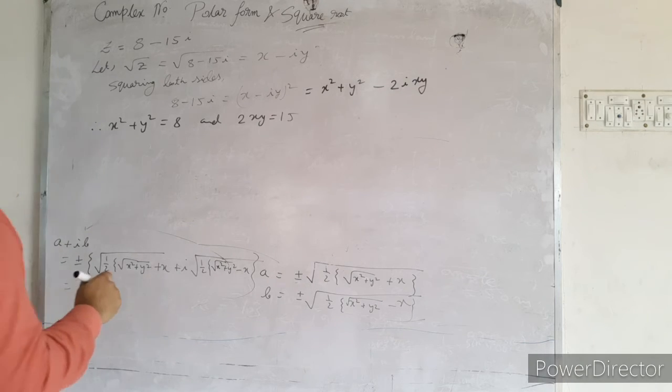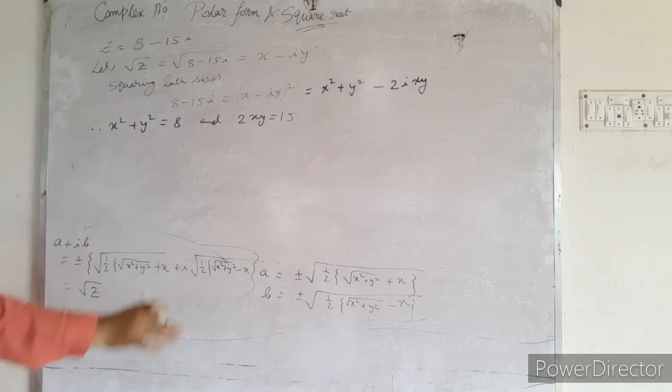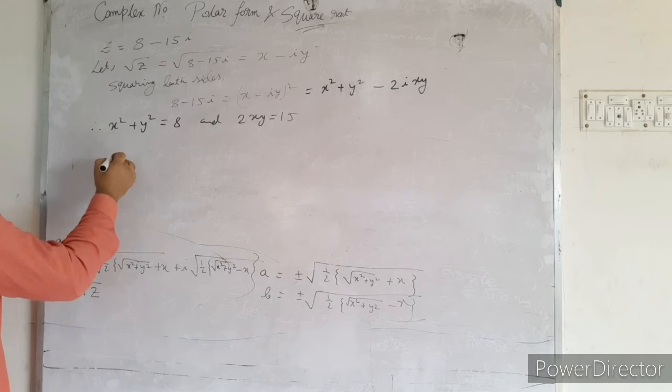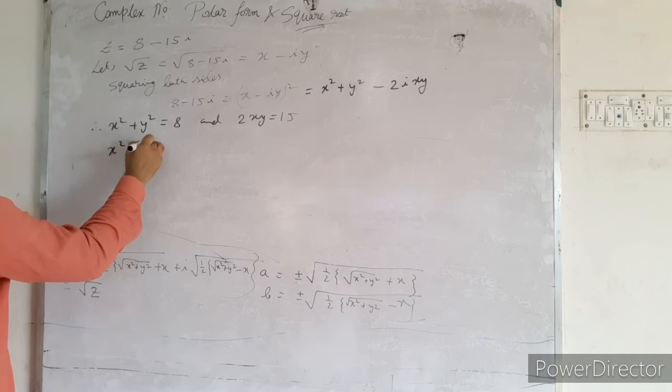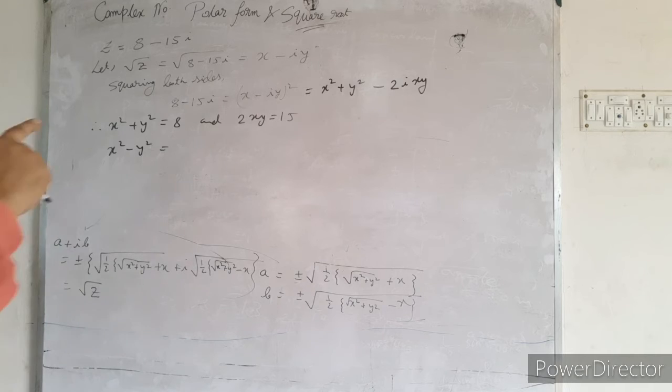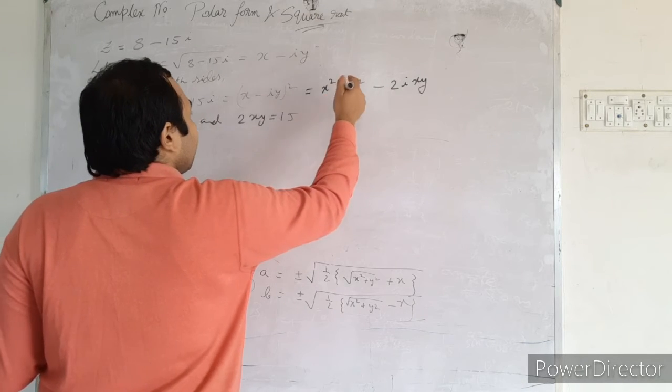Now we have to solve this, and for solving it we have to find x square plus y square. Wait, I have made a mistake.